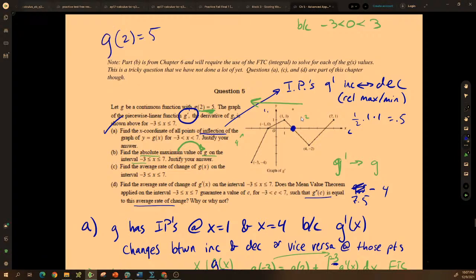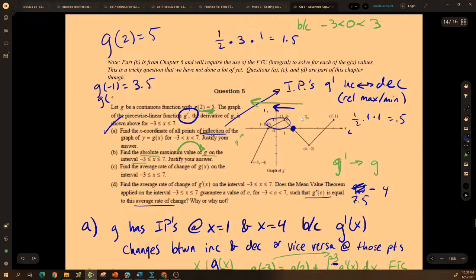So anything going to the left of it, if I take this triangle going to the left, up is negative, down is positive. So that little triangle would be 1/2 times 3 times 1, which is 1.5. So then g of negative 1, I would take 5 subtract 1.5, 3.5.